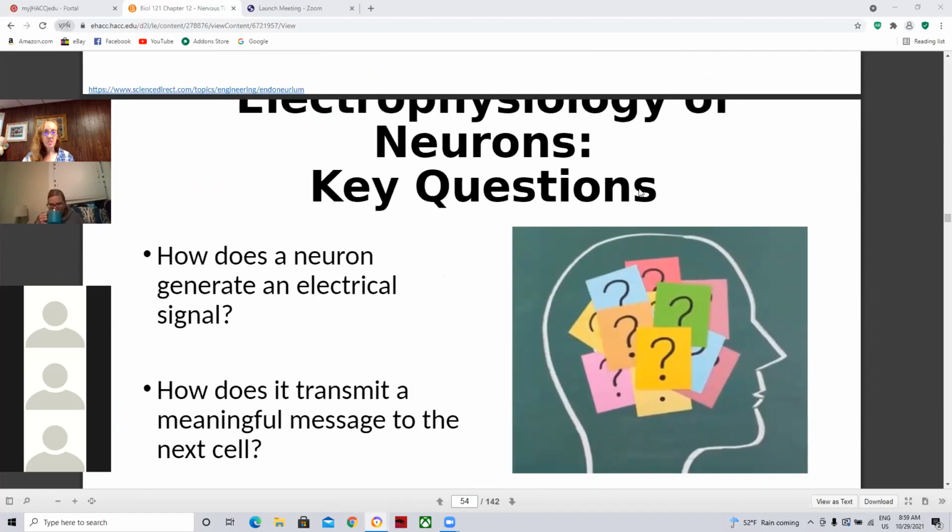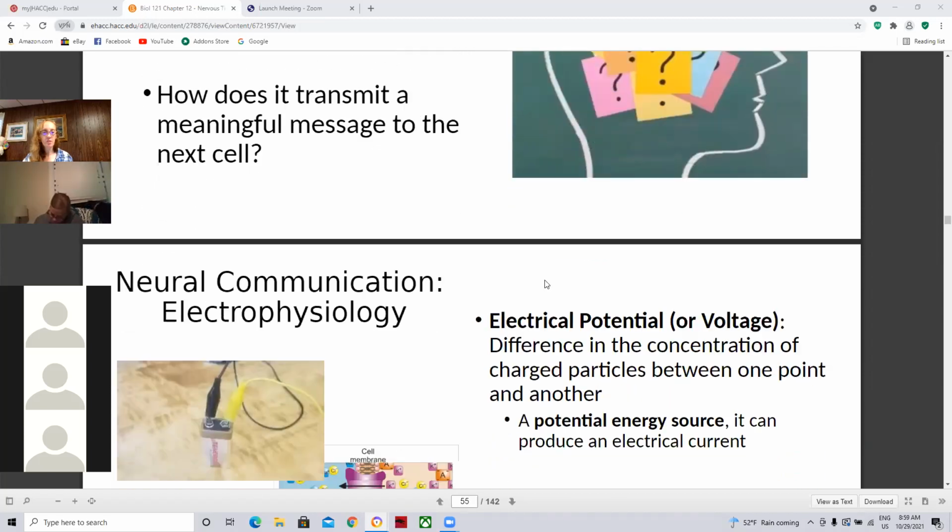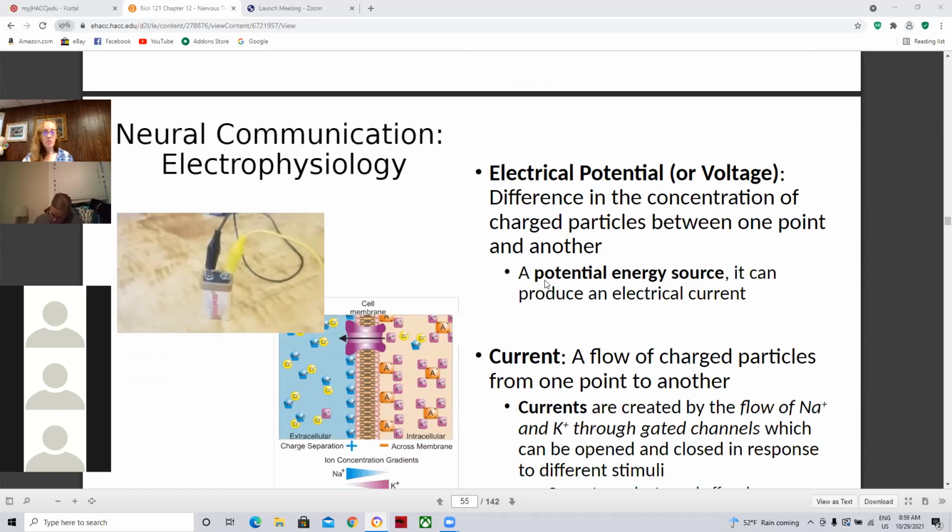So electrophysiology, key questions. How does a neuron generate an electrical signal? And once it generates an electrical signal, how does it transmit a meaningful message to the next cell? Do you remember when we talked about cells, we talked about electrical potentials?